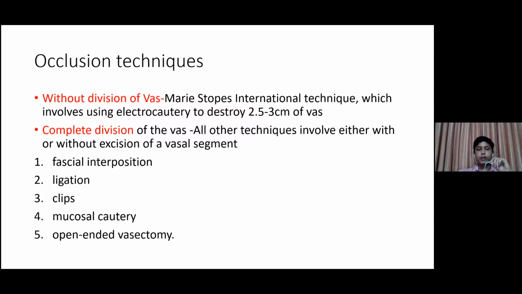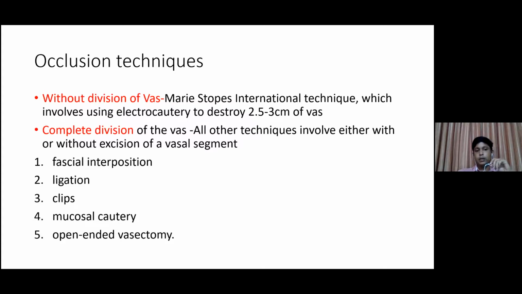Other common techniques are complete excision, division, and excision of part of the vas, and there are also techniques with complete division, which are to prevent recanalization.